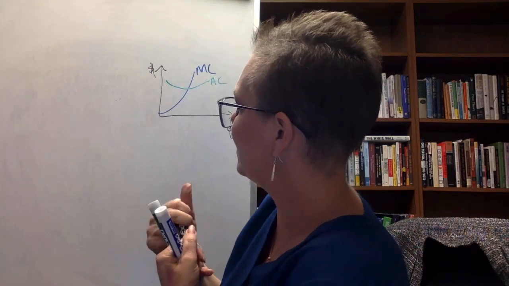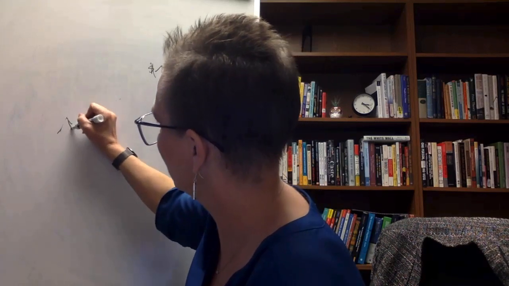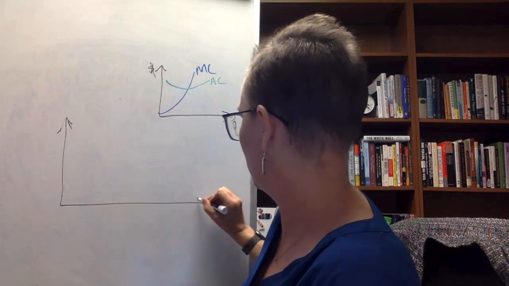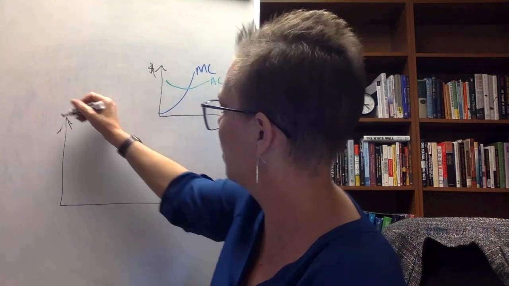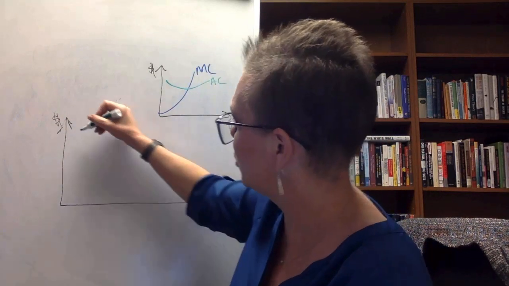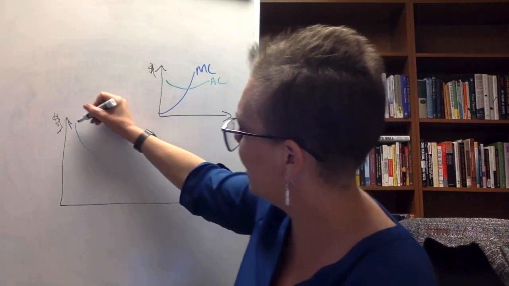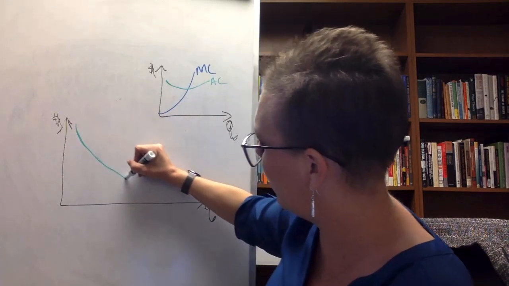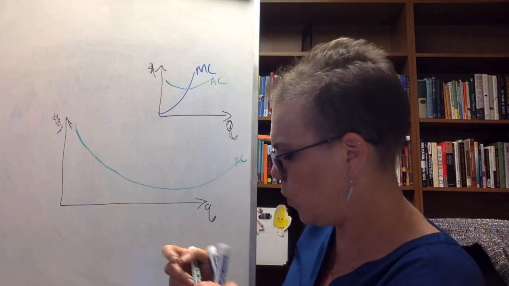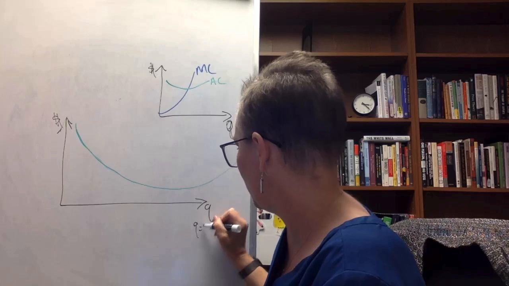Natural monopolies look totally different. So in a natural monopoly, the average cost curves are shaped more like this. And it's not that they don't eventually come up, it's that they don't come up for so long that it doesn't matter that they come up. So maybe this is like over here at Q equal to 1 million.